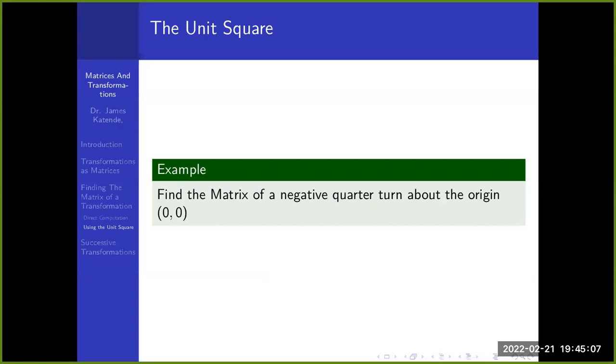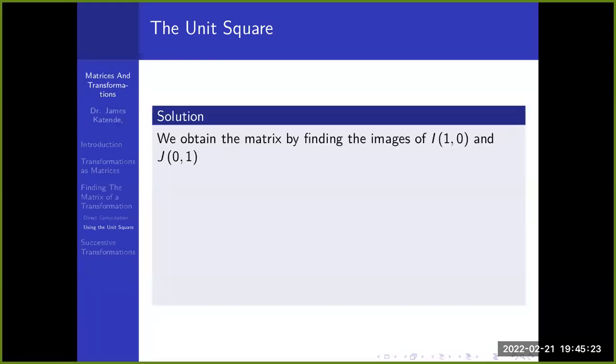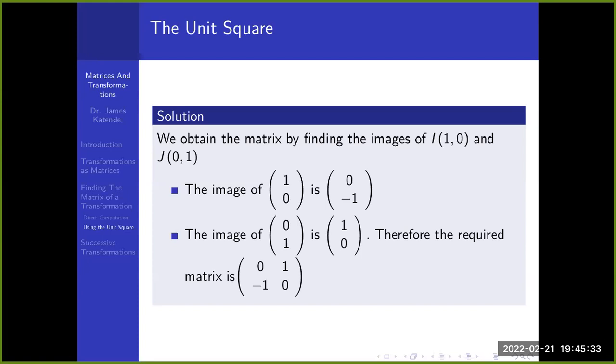In this second one, we want to find the matrix of a negative quarter turn about the origin. Negative simply means you are turning clockwise. If you are working this out, you'd have to draw it on graph paper, or at least squared paper, to be able to see it work properly.